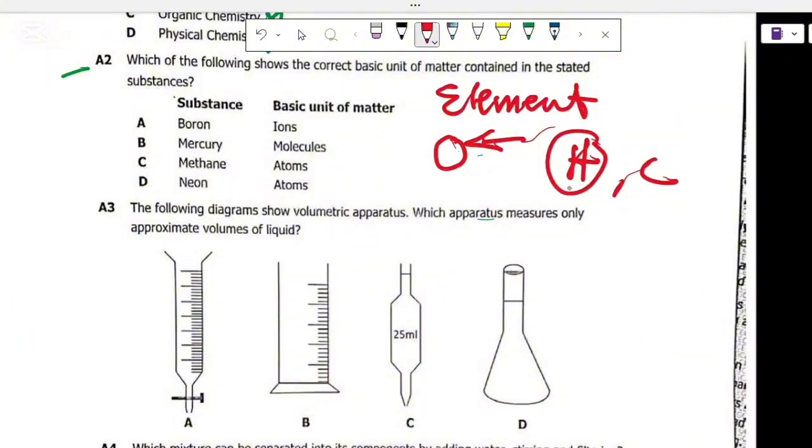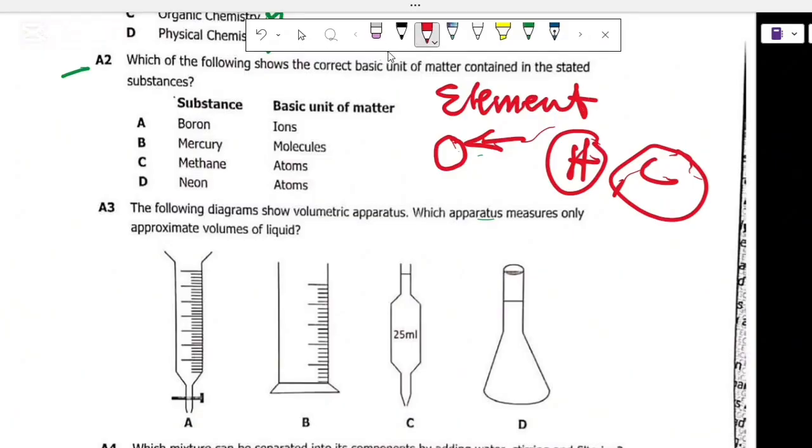For example, this is an element of hydrogen, which means it contains only hydrogen atoms. Atoms are the smallest particles of an element. The same is true for carbon. You have carbon, but within carbon, it is made up of only carbon atoms. So these are elements, but they are made up of only the similar or the same type of an atom. So the smallest particle of any element is what we call an atom.